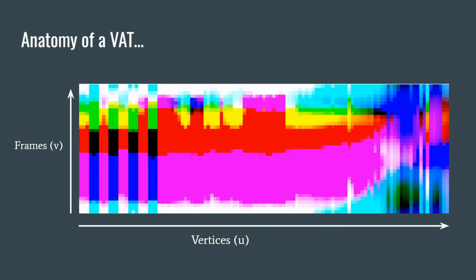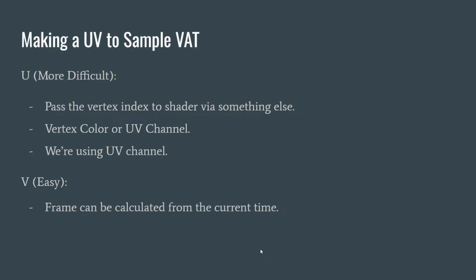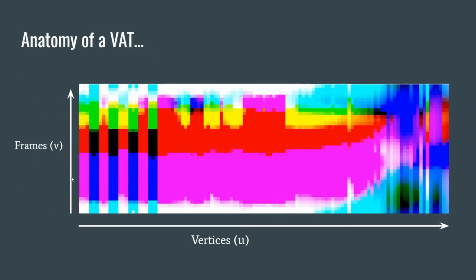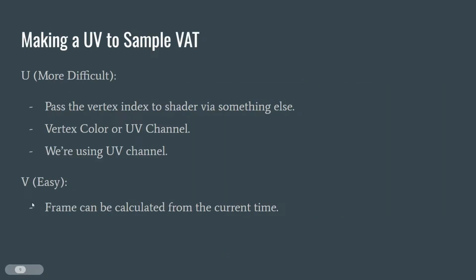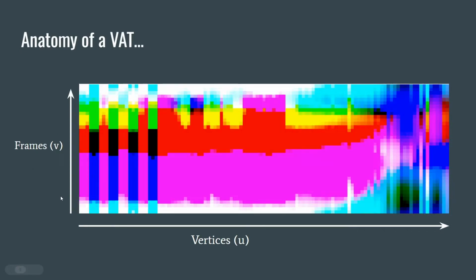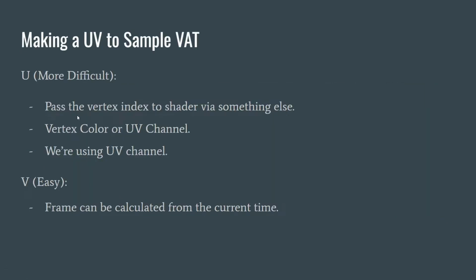So let's make a UV. To make a UV, we just need our U component, which, if we look at this texture again, will be our vertex index. And we need a V component, which will be the frame that we're currently on. Making our U component is actually pretty simple in some engines.